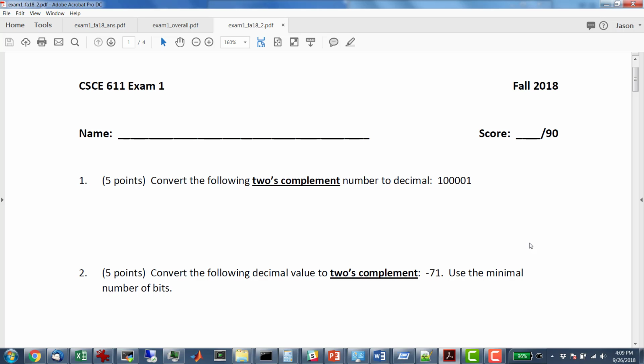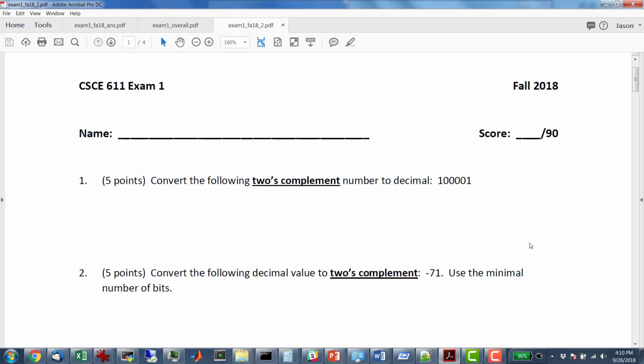Convert negative 71 to 2's complement. You can just take 71 and do a little conversion. So 71 divided by 2 is 35 with a remainder of 1. 35 divided by 2 is 17 with a remainder of 1. 17 divided by 2 is 8 with a remainder of 1. 8 divided by 2 is 4 with a remainder 0. 4 divided by 2 is 2 with a remainder 0.